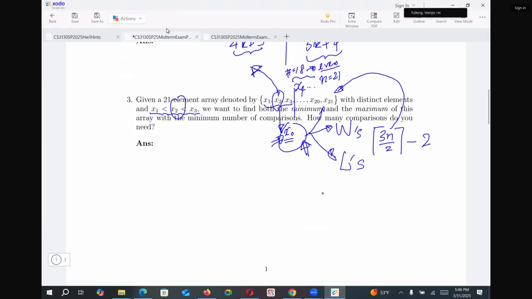You can see the other one is actually split into two parts. One half goes to the winners group, one half goes to the losers group. That's the same thing here. Our x1, x3, we split into two halves. x3 goes to the winners group, x1 goes to losers. So the role is equivalent, right?